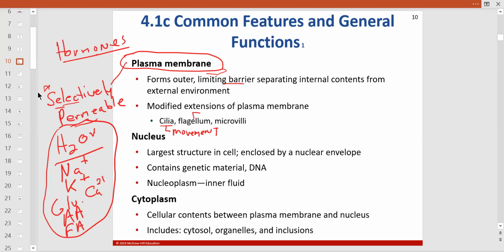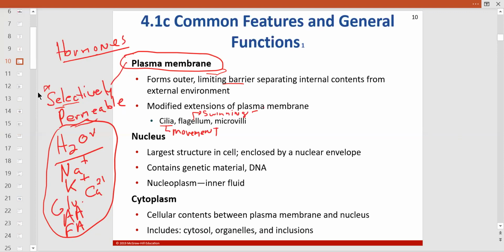Flagellum is like a huge cilia. That's like a swimmer. That's for swimming. So what cell in our body, not everybody's body, just the guys, is mostly using that tail to swim? And the tail is called flagella. Flagellum singular. What cell swims?